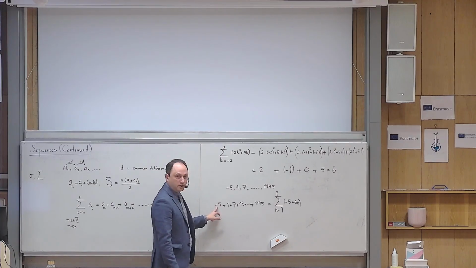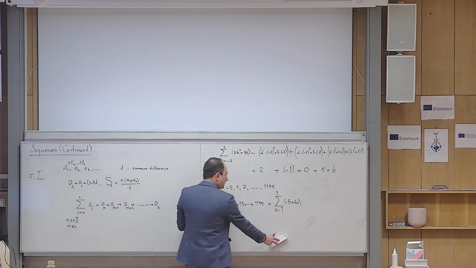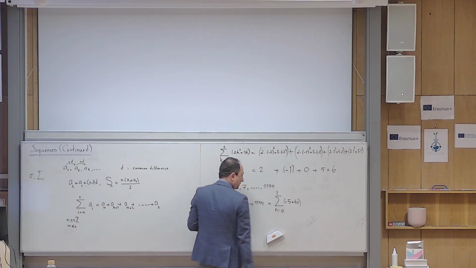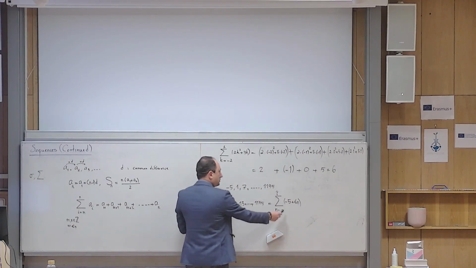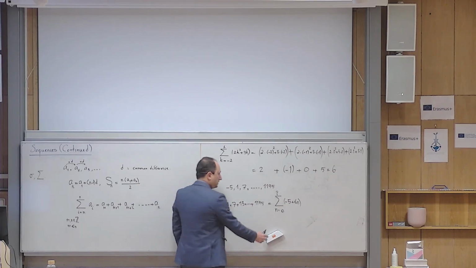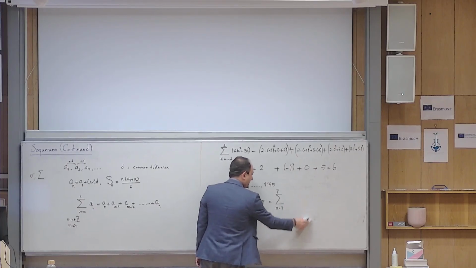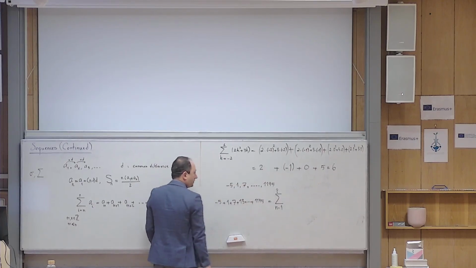No, but then this does not generate this one. Okay, you can start from 0. So you can start from 0 if you want to, because then if you put 0, it gives you -5. But my point is don't write -5 plus 6n, because you know that this is an arithmetic progression.